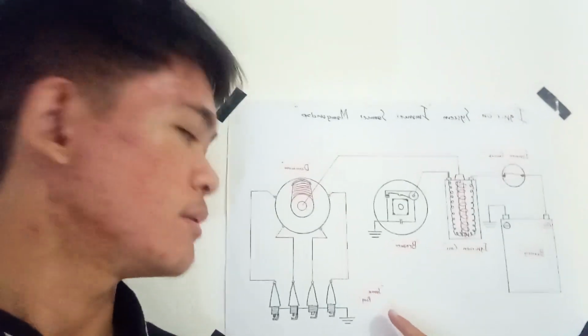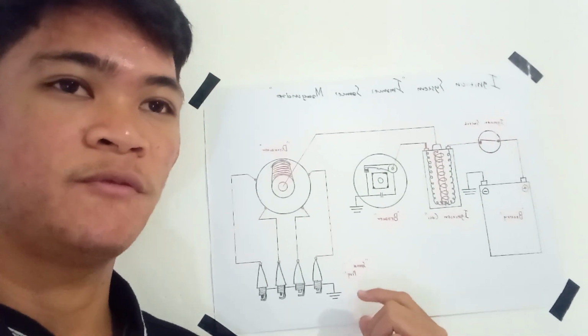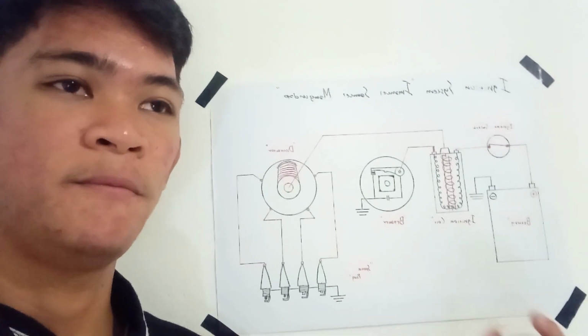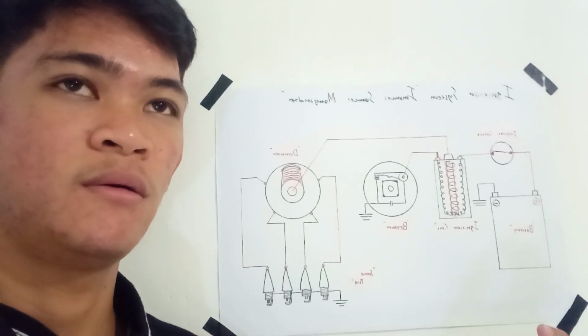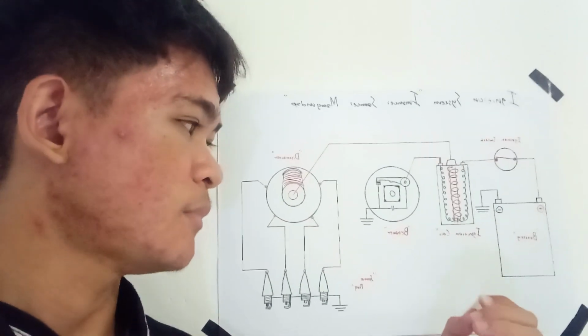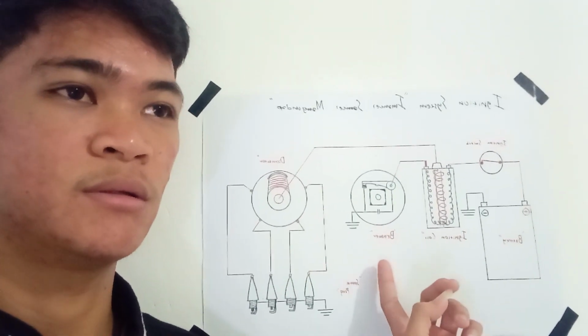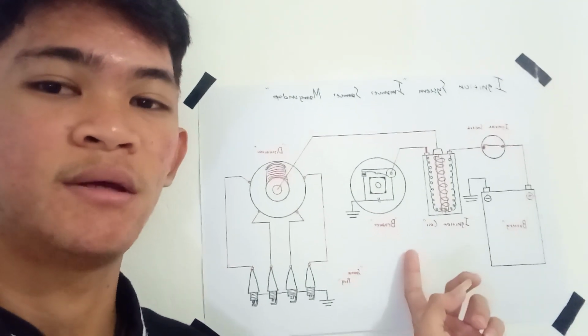And then the last is the spark plug. The spark plug's function is to make a spark in the combustion chamber. That's all about the components and their functions.